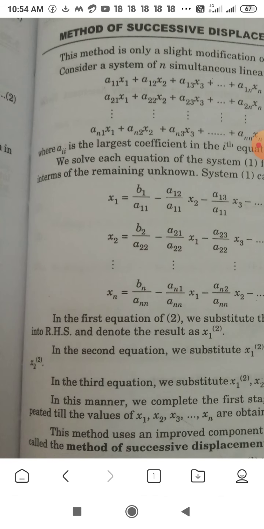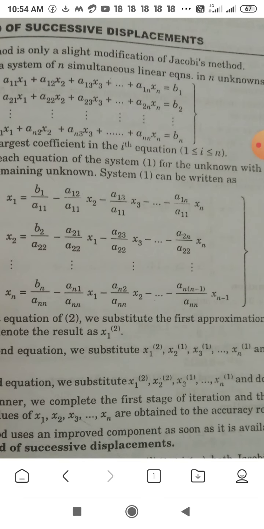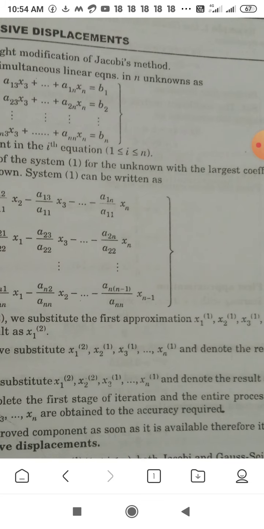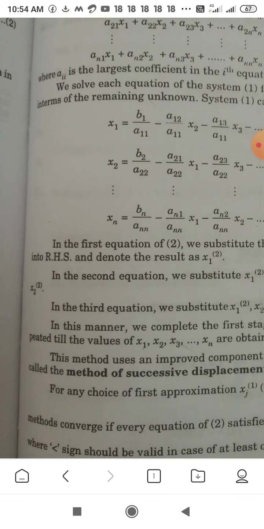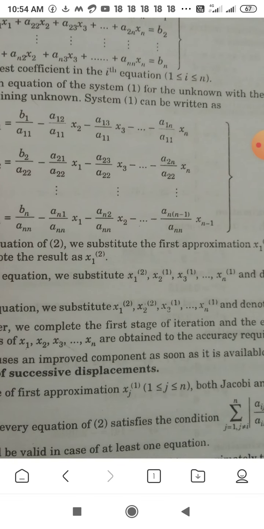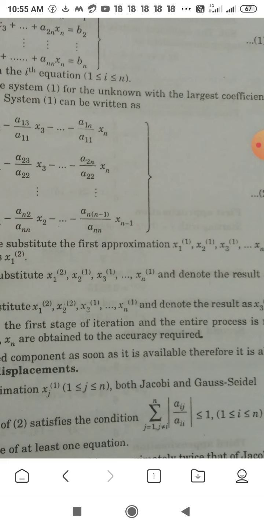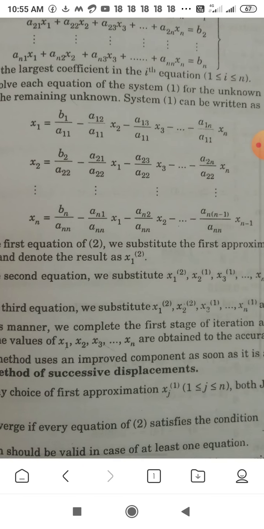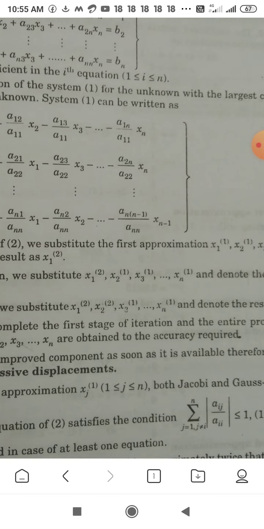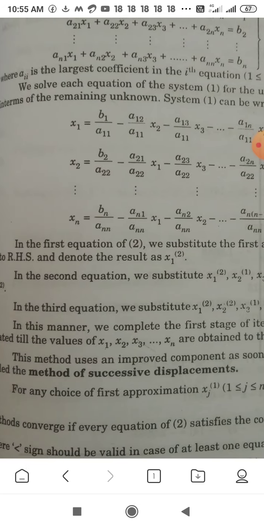In the third equation we substitute x1(2), x2(2), x3(1) and denote the result x3(2). In this manner the first stage of the iteration is completed, and the entire process is repeated until the values x1, x2, x3, xn are obtained to the accuracy required.